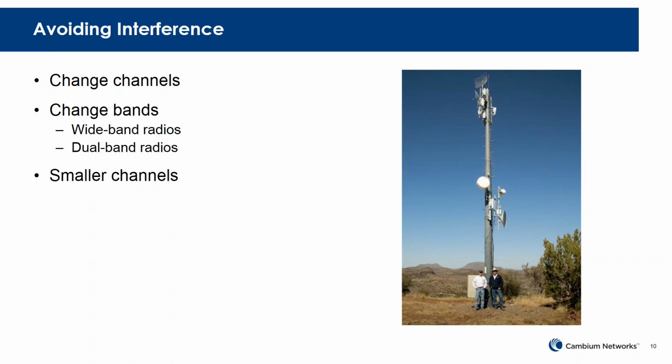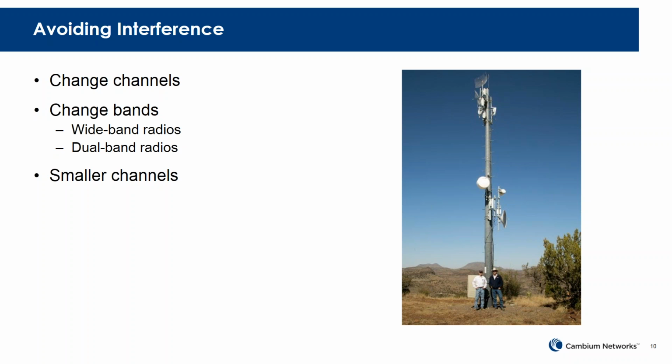So for instance, the E400 access point is an 802.11ac radio. It's got 2.4 gigahertz and 5 gigahertz. And so I can be on my phone in my house, and if my wife goes to heat up a bottle of milk for our kid in the microwave, and I'm on 2.4, my phone can then roam over to the 5 gigahertz. And so in that way, I'm avoiding the interference.